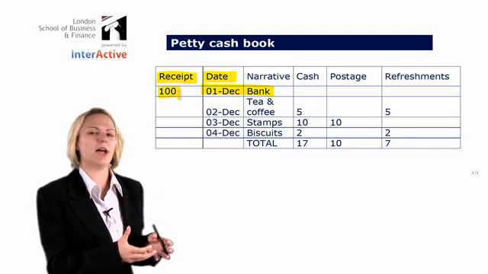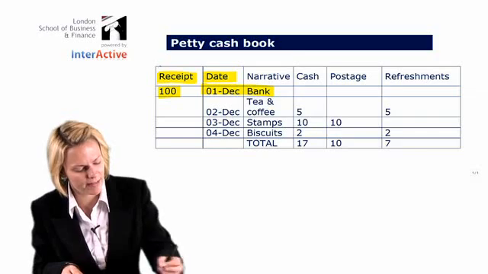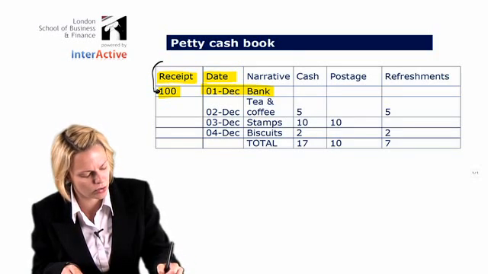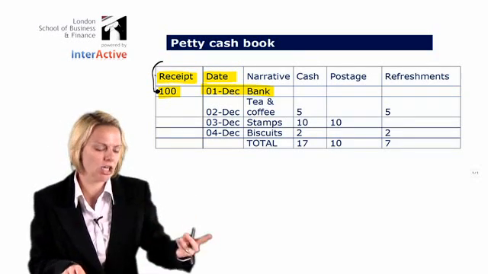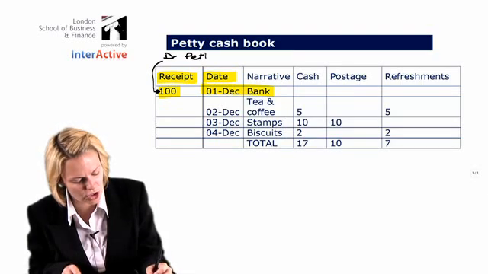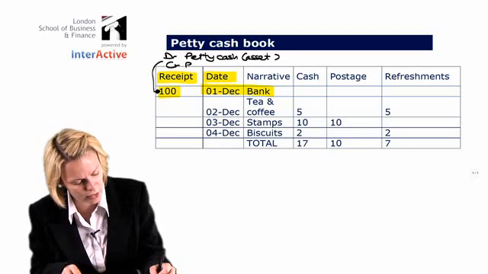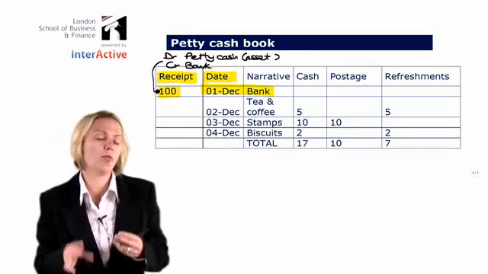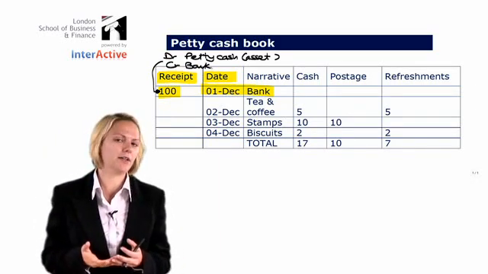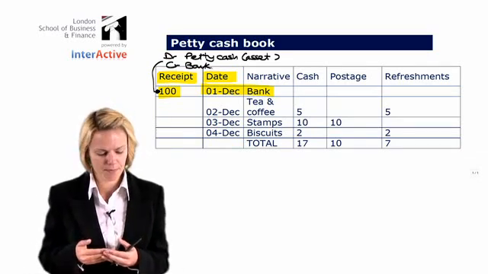We looked at that in chapter 3, if you remember, the cash in hand account. So let's write this in here. In order to put money into your petty cash tin, you need to debit petty cash asset and increase it, and credit and reduce your bank asset, so your cash at the bank. Okay, and they did that on the 1st of December.